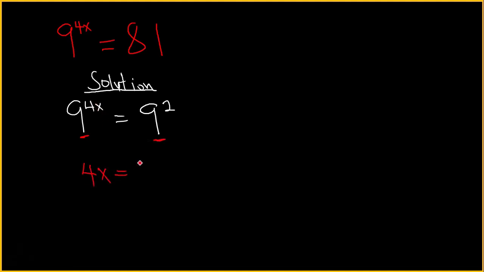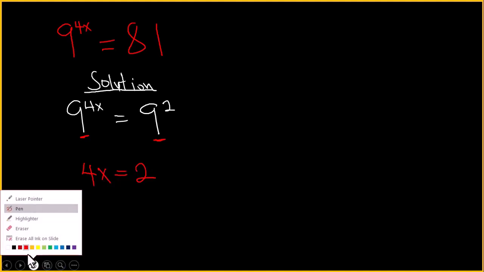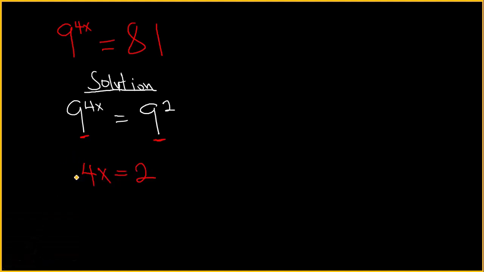is equal to 2. Now we want the value of x. So what do we do? We multiply both sides by the inverse of 4, which is 1 on 4, the multiplicative inverse.